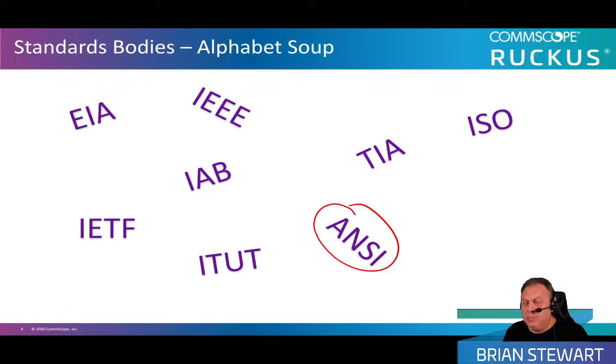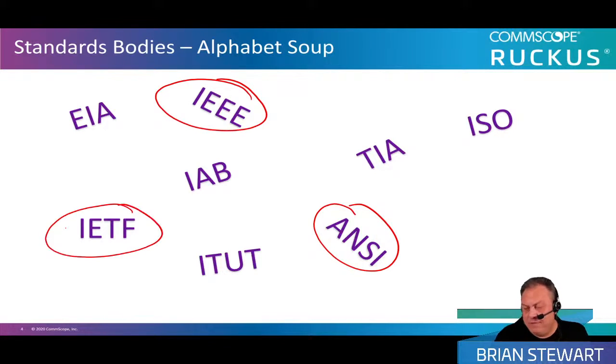Now, from a networking perspective, there are mainly 2 bodies that we really focus on for networking standards, and that is the IEEE and the IETF. This is not a hard and fast rule, but as a general rule of thumb, the IEEE handles standards that occur at layer 2 and lower, and we'll be talking a lot more about layers throughout today's session.